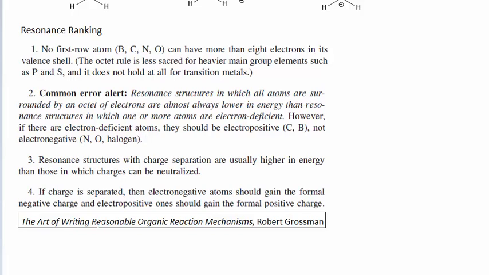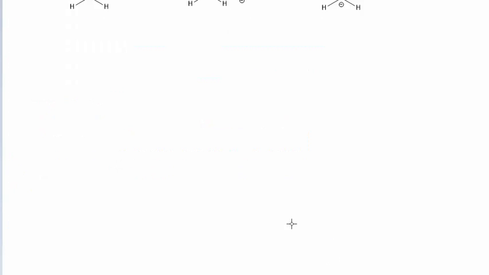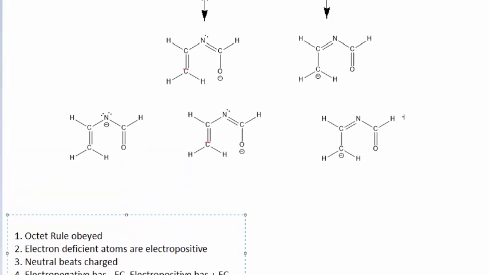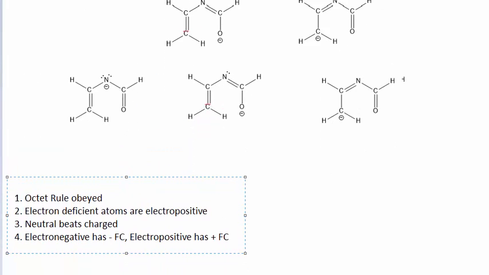In particular, I recommend looking at the book, The Art of Writing Reasonable Organic Reaction Mechanisms by Robert Grossman. If you want the rules in bulk, I recommend just looking at these, but these are a little bit complicated, so I recommend maybe you copy these down, and I simplified them to be essentially this. So this is the priority you'll use when you're ranking your resonance structures.